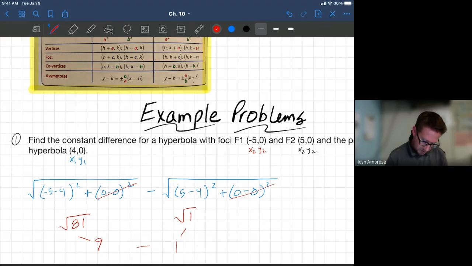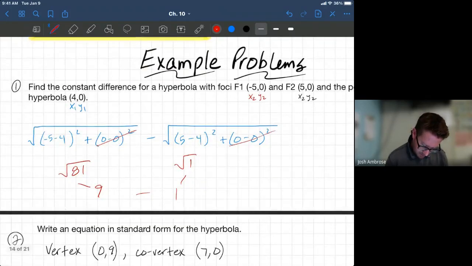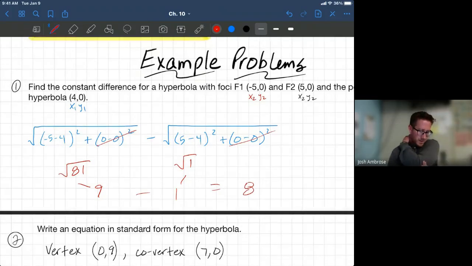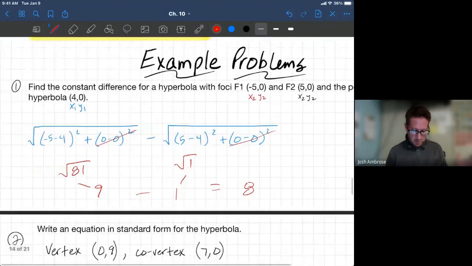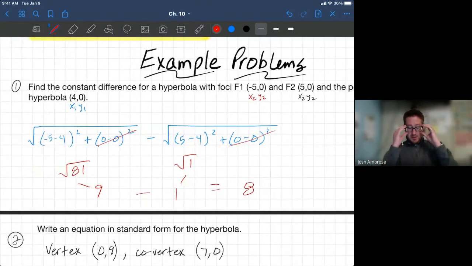And 9 minus 1 gives us 8. So that's us looking at the difference of a hyperbola, and we're dealing with f1 -5, f2 +5, hyperbola point 4, 0. So plugging all those in for the distance, then subtracting both of those distances, we're getting 8.